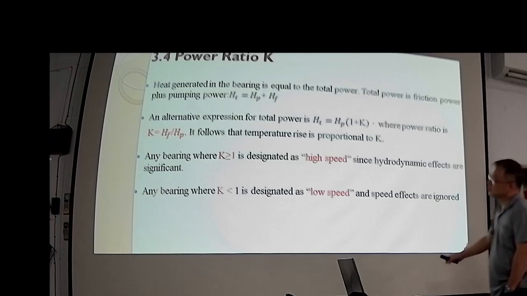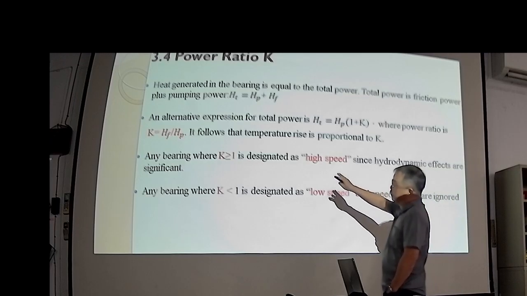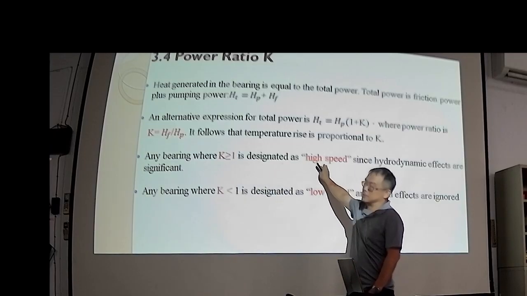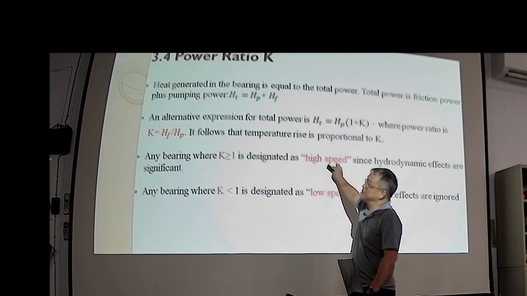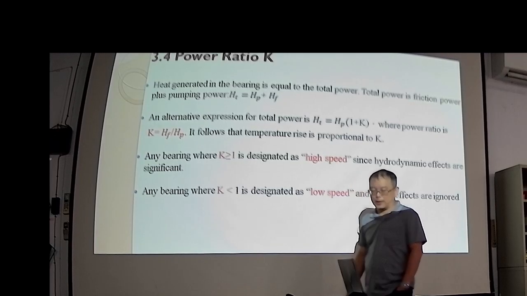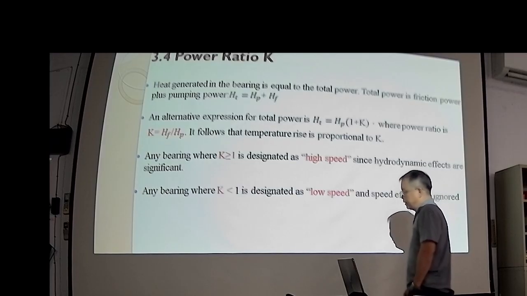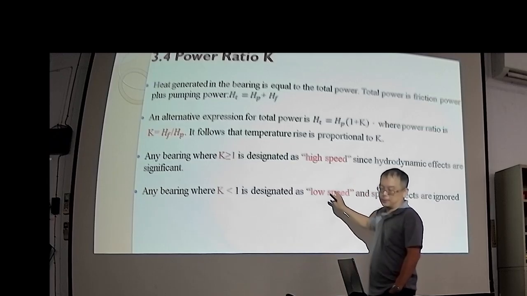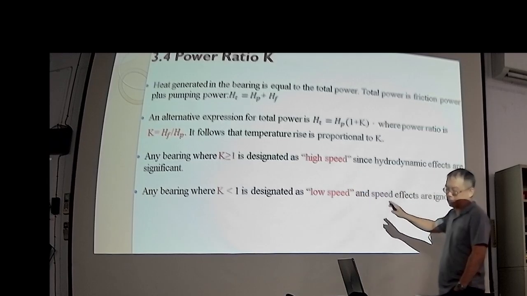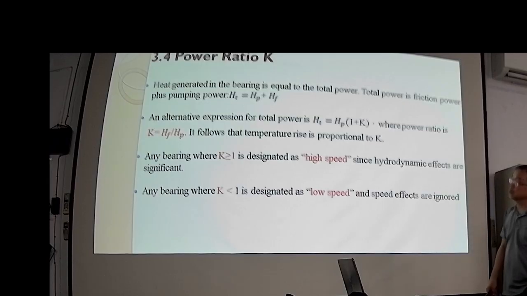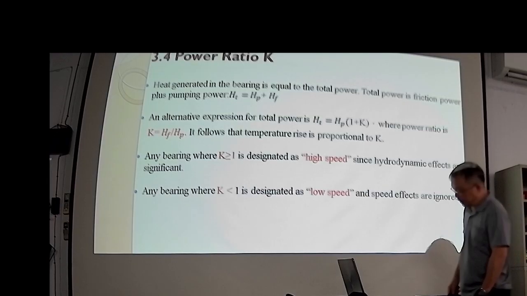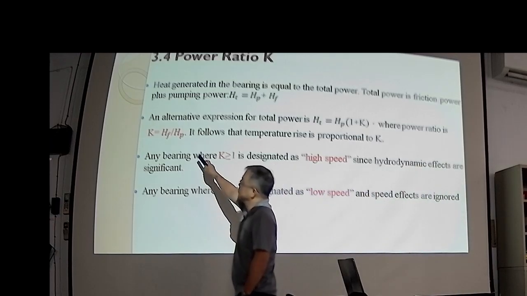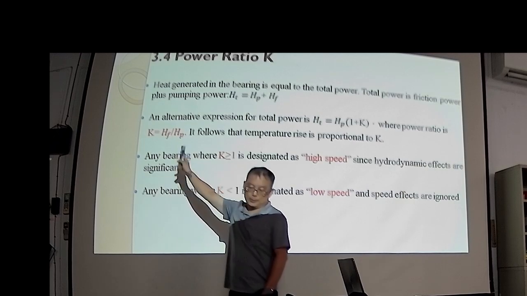If K is greater than 1, it means a high speed hydrostatic bearing. If K is smaller than 1, we say it is a low speed hydrostatic bearing. We define K as the ratio of the friction power to the pumping power.